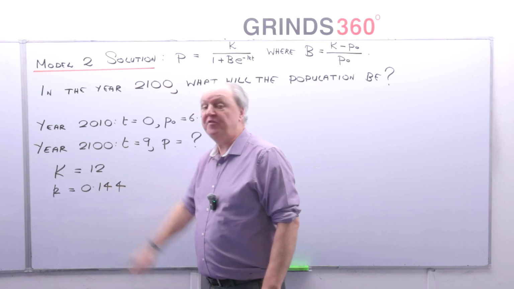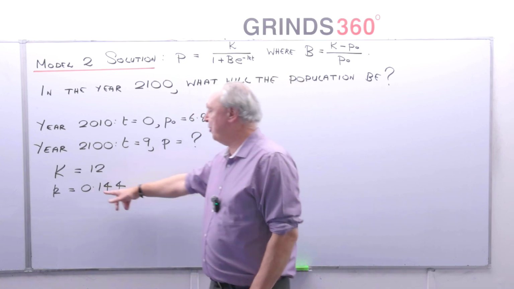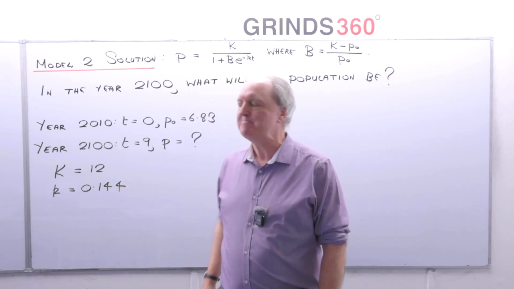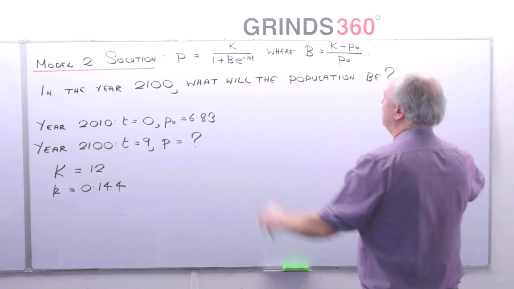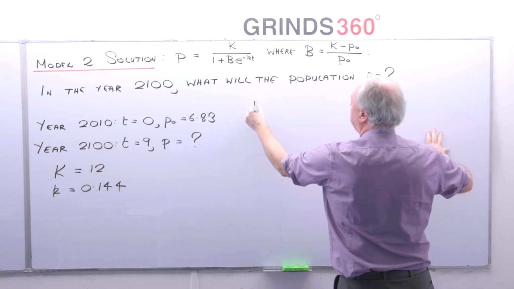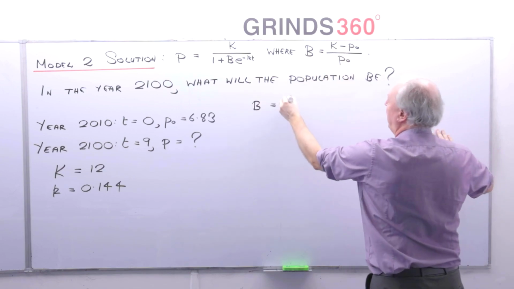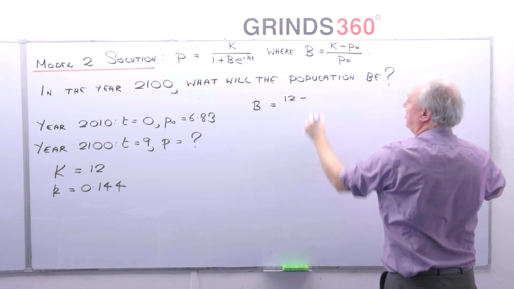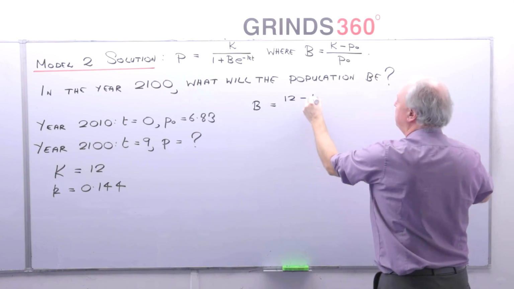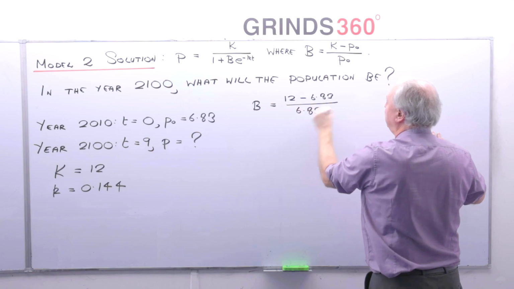And you see that value of k? I'm going to use that value of k from Model 1. We got 0.144. So the first thing I want to do is work out my value of b there. So b is equal to k, that's 12, minus p0, 6.83, divided by p0, 6.83.